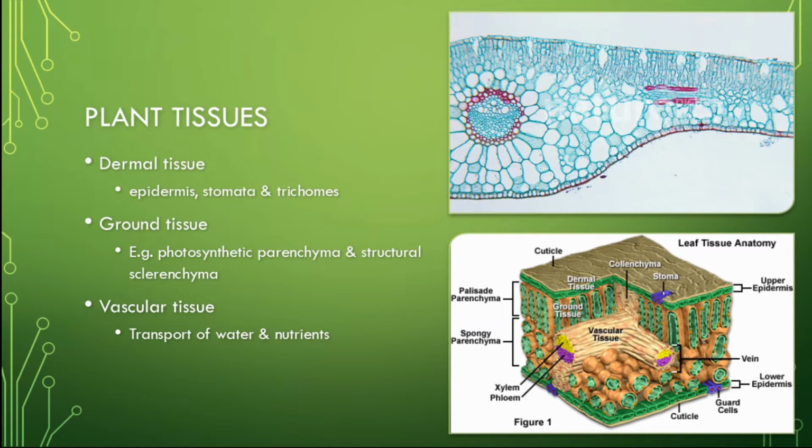Secondly, ground tissues include specialized cells such as photosynthetic parenchyma or structural sclerenchyma. Finally, vascular tissue, similar in nature to the circulatory system in animals, is required for transportation of water, nutrients, and other important molecules throughout the plant.